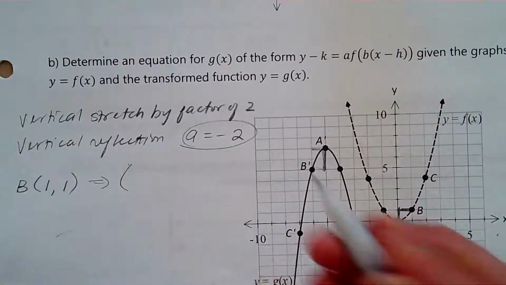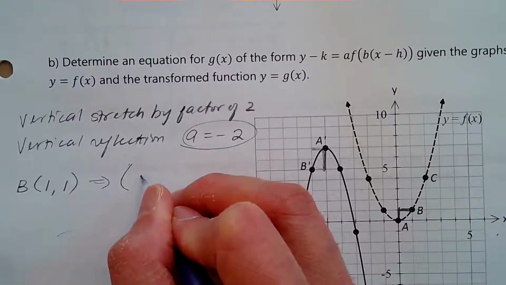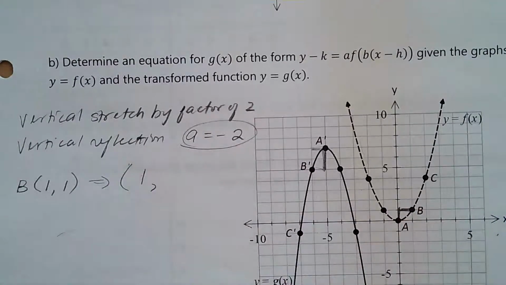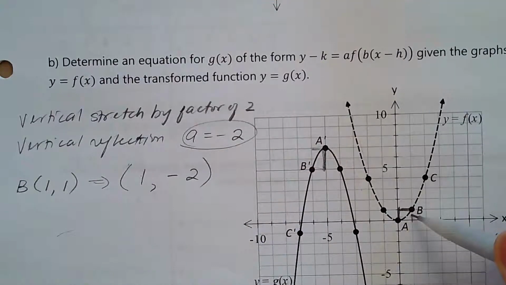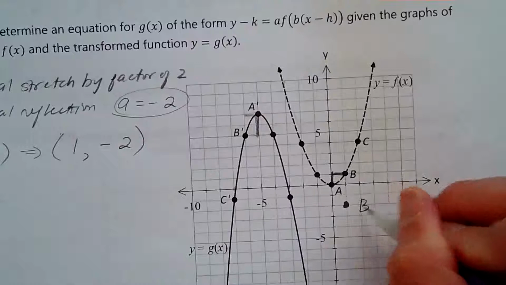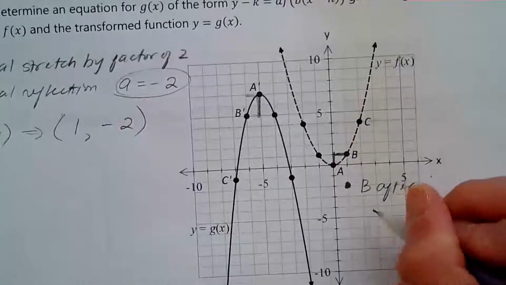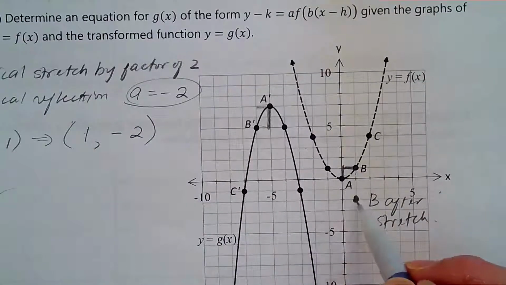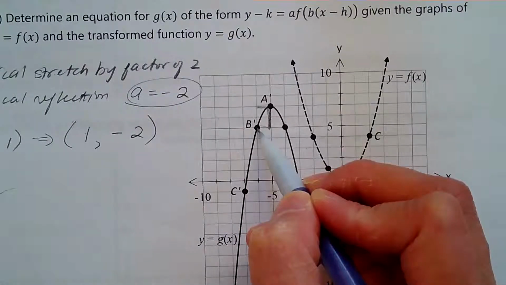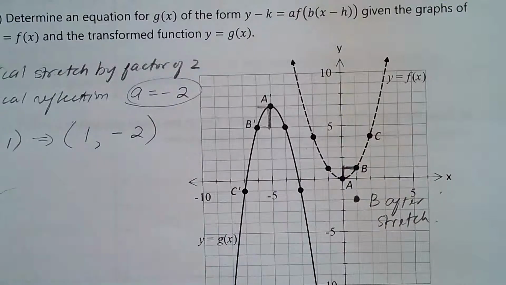There's no horizontal, right? So it's going to be 1, comma, negative 2. So this is where the B is after stretch. So if this was the B after the stretch, and then the B prime was there, how did that happen?